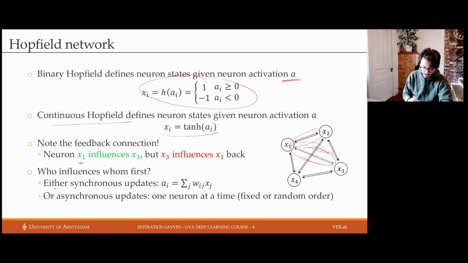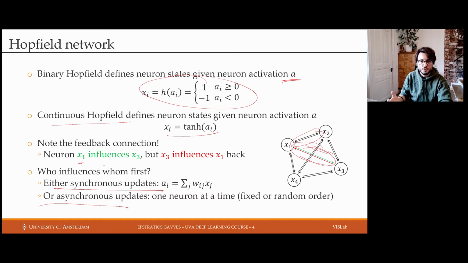In general, we can have either synchronous updates, where we update the inputs to the neurons at the same time and then compute the nonlinearity, or asynchronous updates, one neuron at a time, and then we recompute again and again, and the order can either be fixed or taken at random.